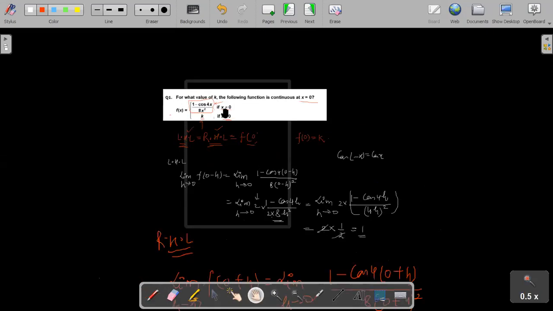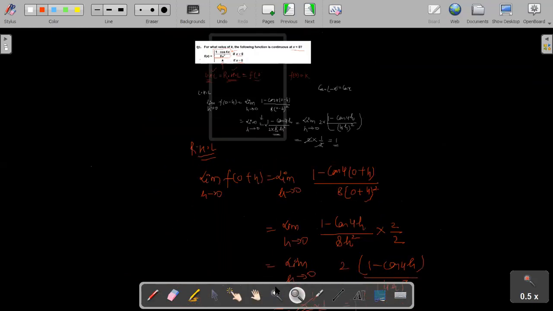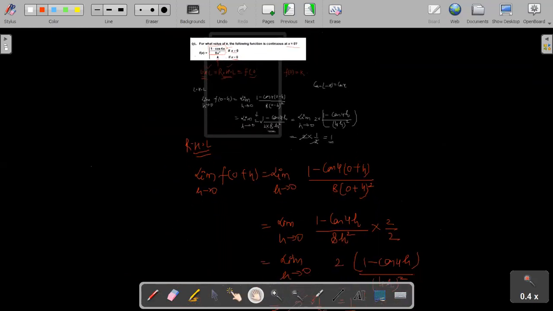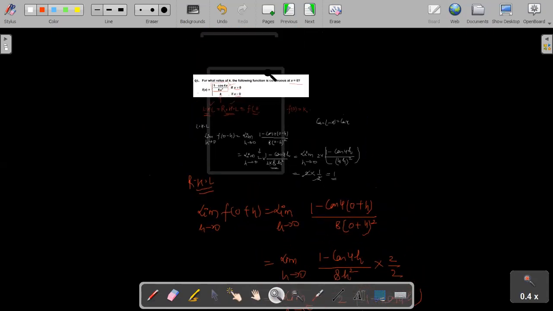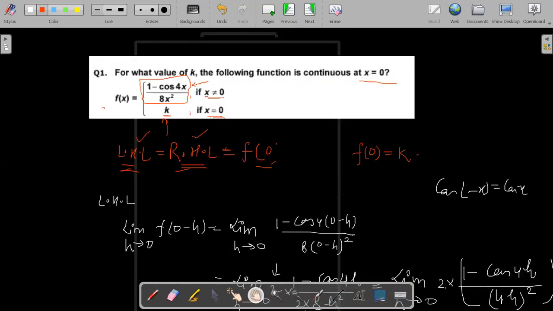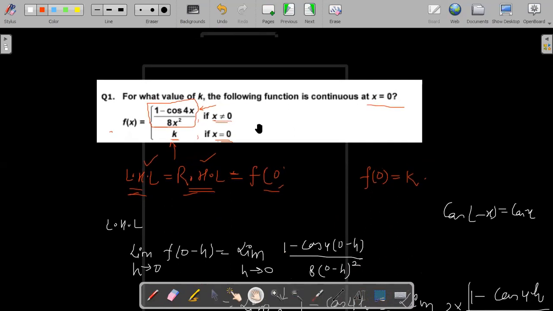Because they have already told you that this expression is continuous, there is no point in calculating LHL and RHL twice, because we will get the same answer. So that is the second point which I want to make. If you have any doubts till here, please tell me by unmuting yourself. Otherwise, we will move forward by taking another question.